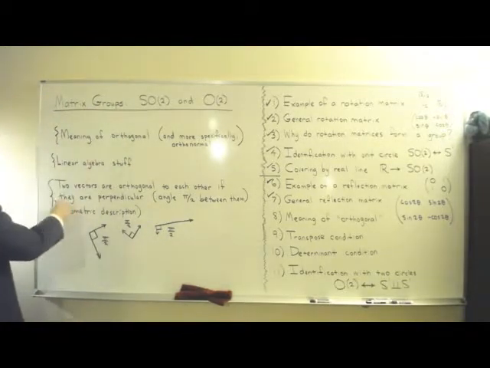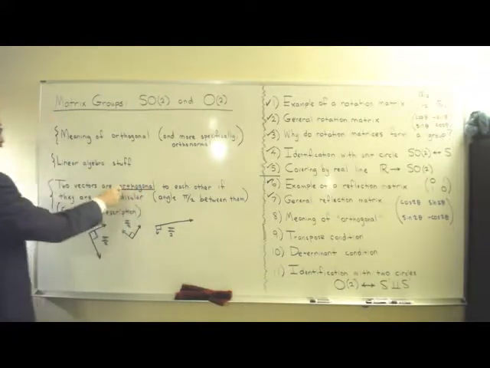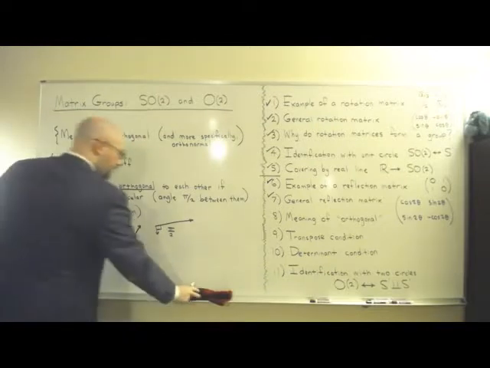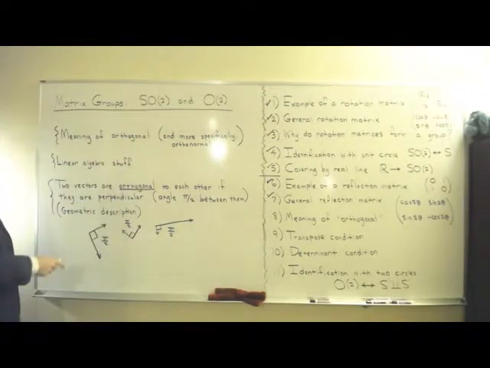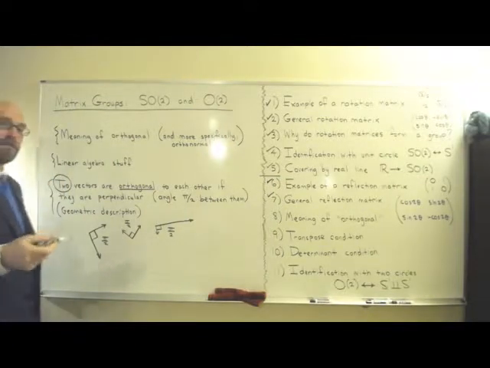But so this word orthogonal in the geometric context, this is what it means, that you just have vectors that are at right angles.